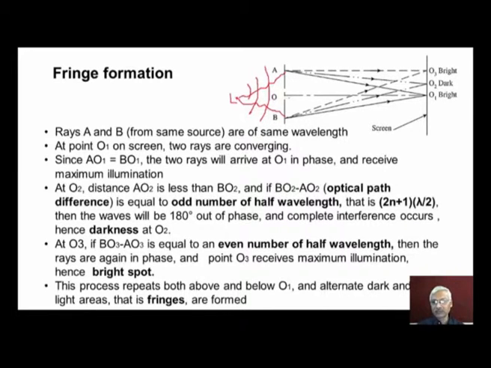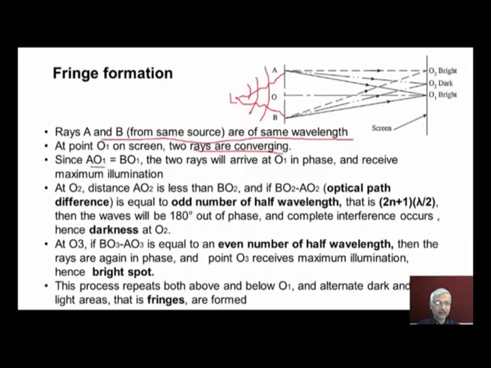At some distance, there is a screen which is placed parallel to the screen AB. Now rays A and B from the same source have the same wavelength. At point O1 on the screen, the two rays converge. That means the ray from A and the ray from B travel in this medium and get combined at point O1.